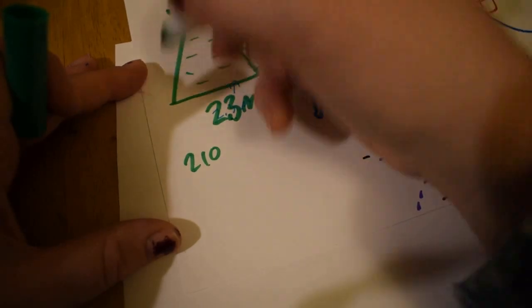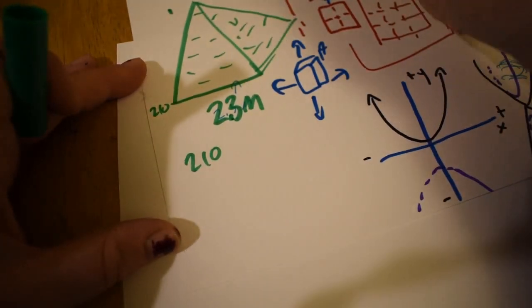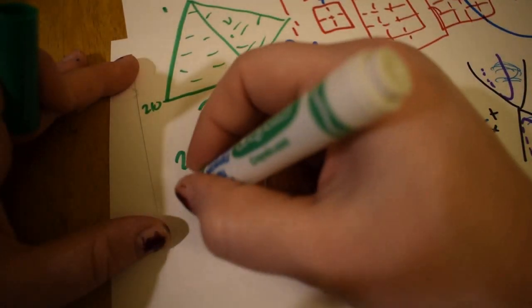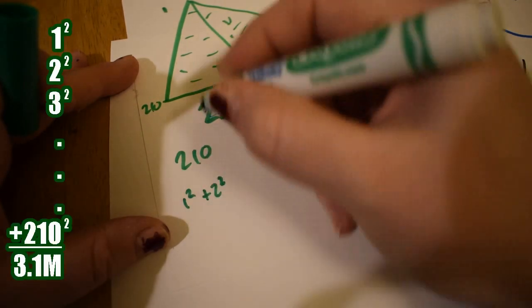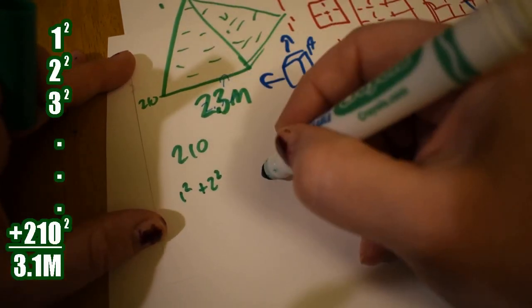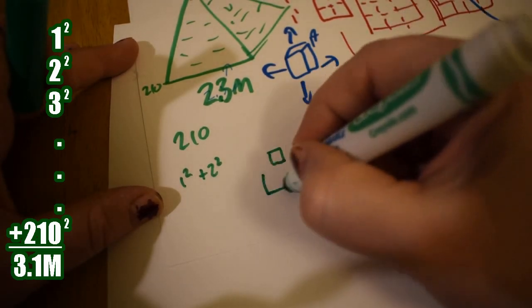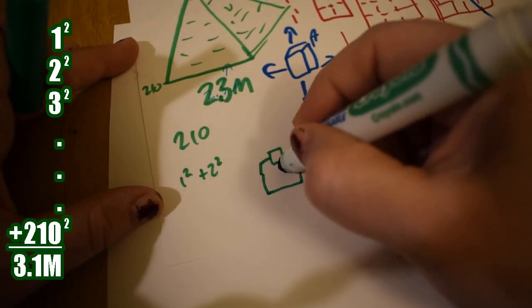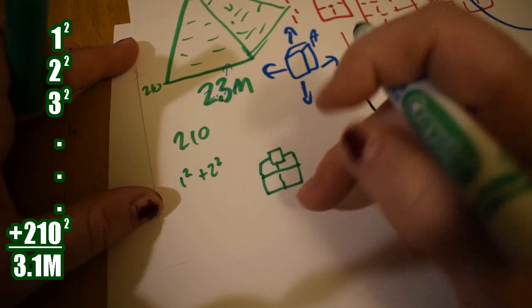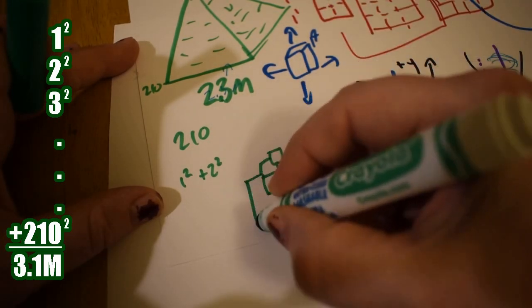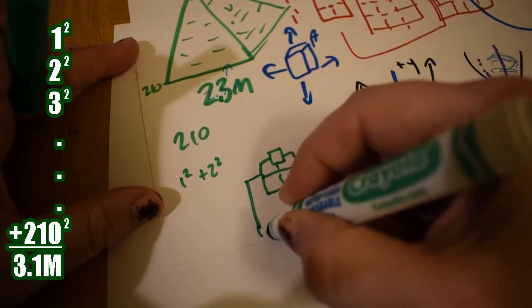So if I say this is 1 and this is 210, I have 1 squared plus 2 squared, right? So the first course of the pyramid should be 1, and then the second course should be the 4 underneath it. And this is if we start separating it out. And then this one under here would have the 9.